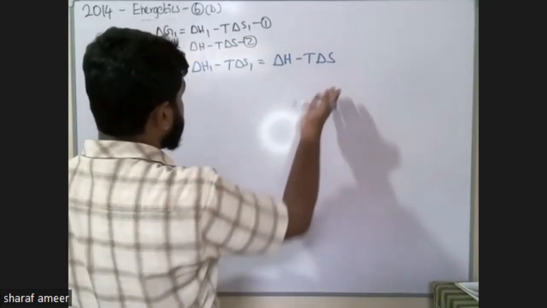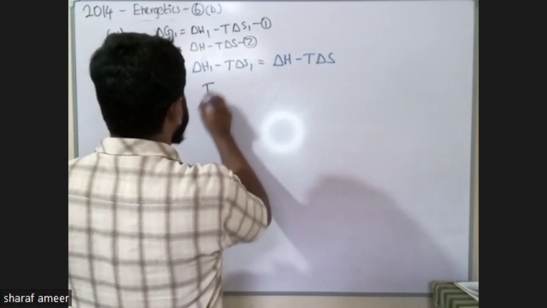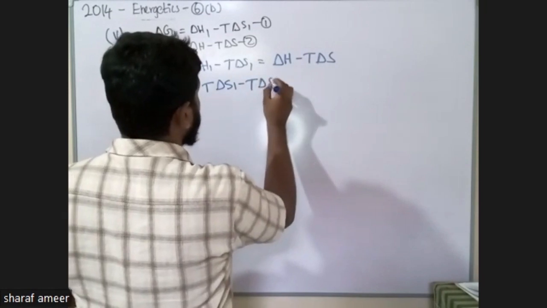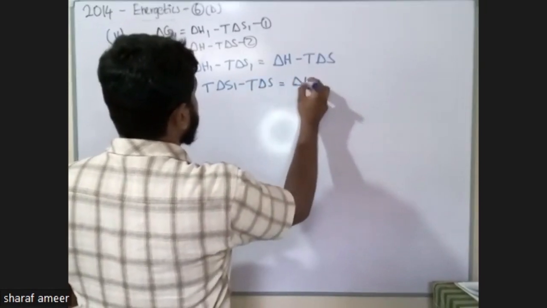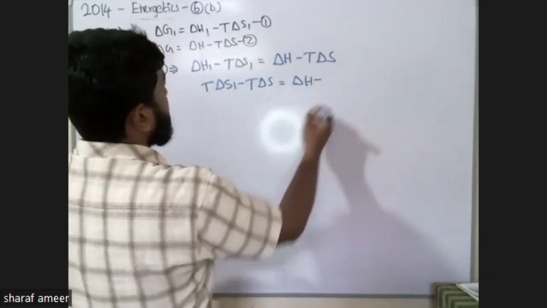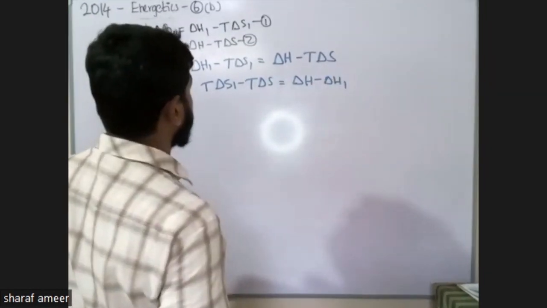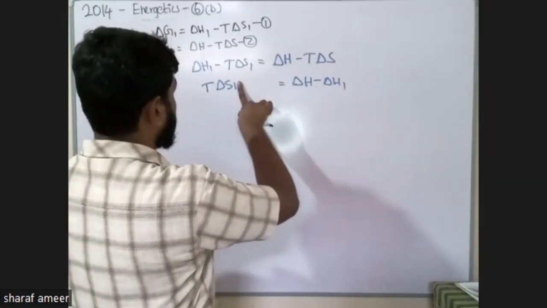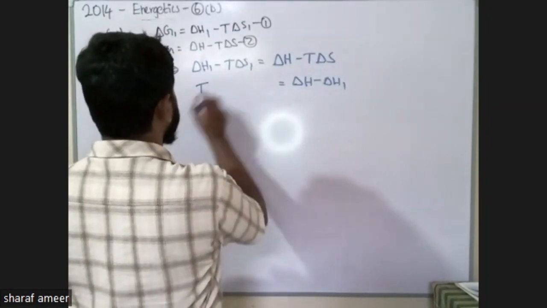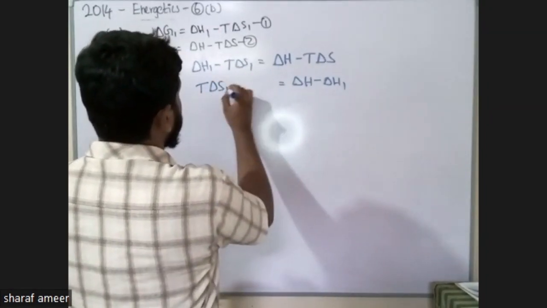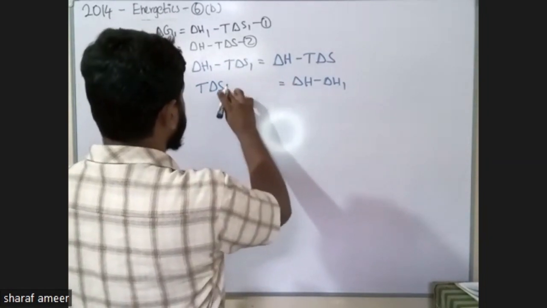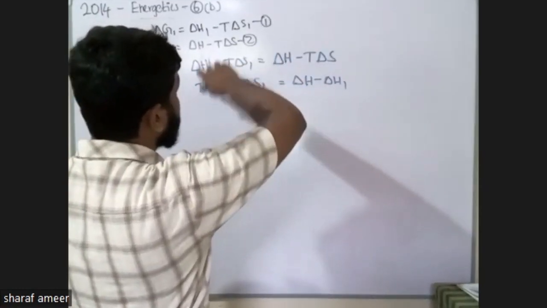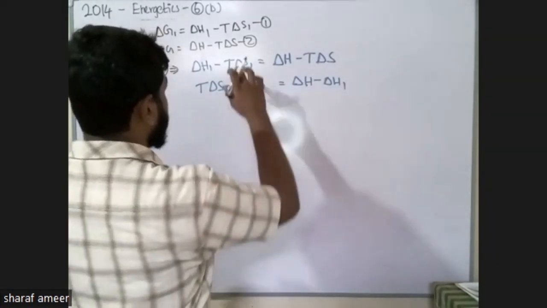So make T the subject. T delta S1 minus T into delta S is equal to delta H minus delta H1. This one will go to the opposite side, and that one will come to the other side, so it will be minus here.